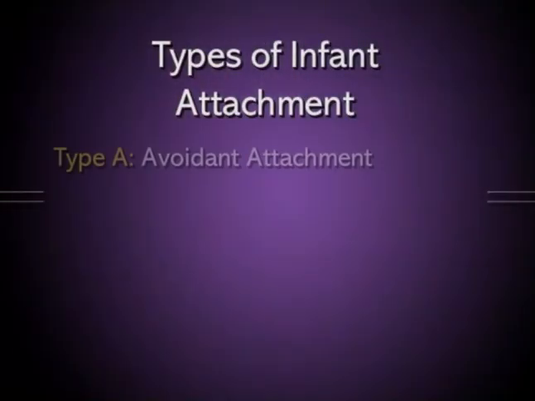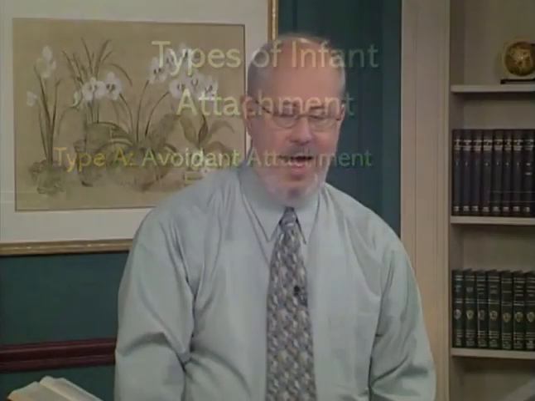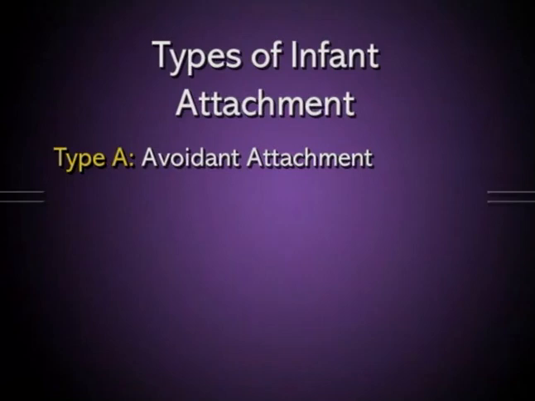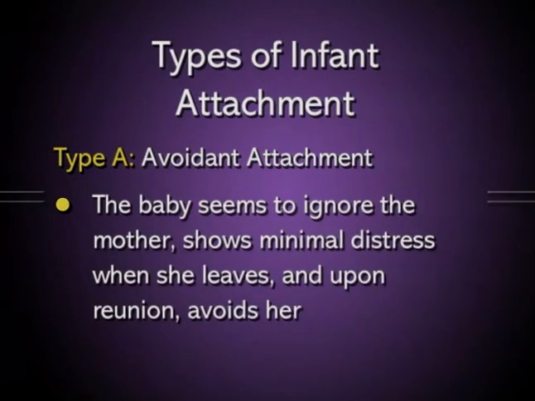She had type A, type B, and type C. Type A, she called avoidant attachment. And by the way, these same labels are used today, in hundreds of studies using this kind of task. Type A, or avoidant attachment, is in effect a case when the baby seems to ignore the mother, shows minimal distress when she leaves, and upon reunion, when she returns, avoids her.